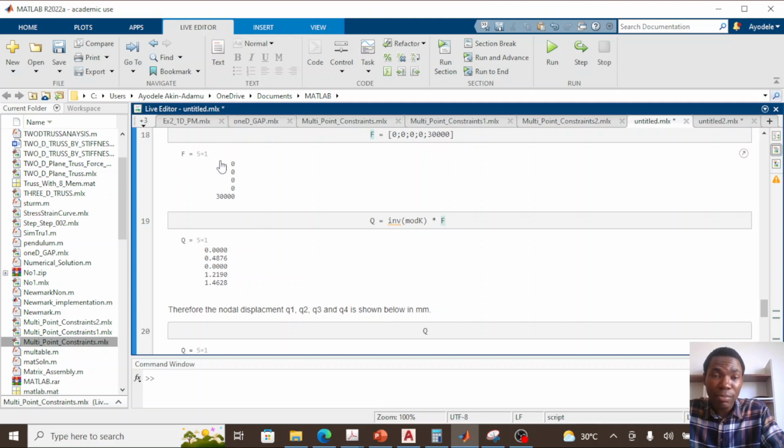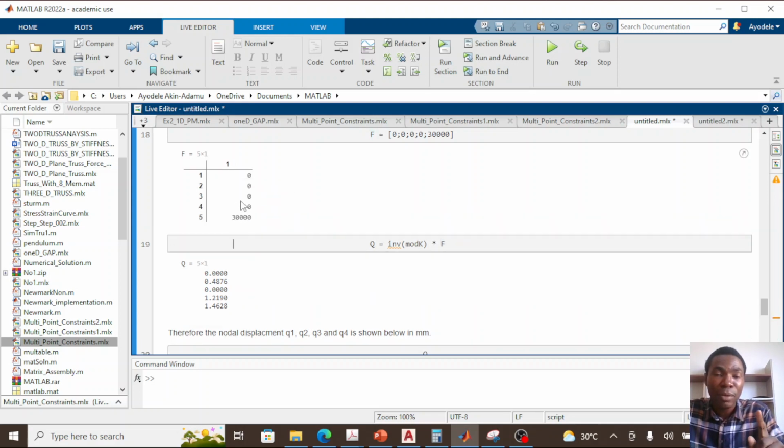Remember, I'm not modifying my first vector. Why? Because the b naught is 0, so I don't need to modify my first vector from the multi-point constraint side. I don't need to do that.